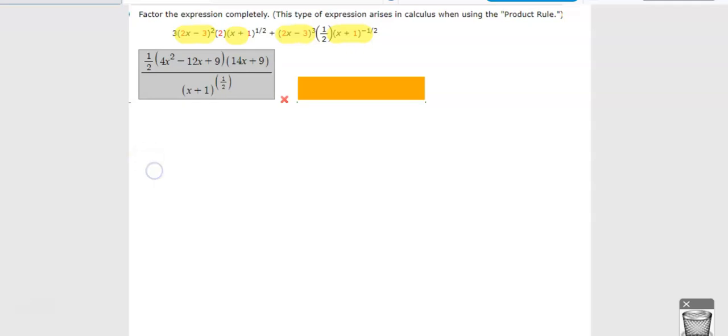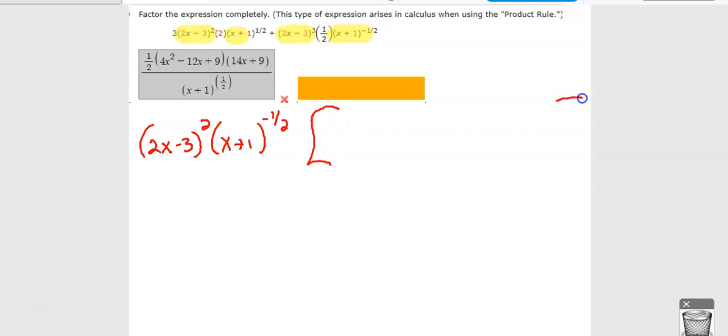Well, if you factor out 2x minus 3, you factor 2 of them out, and you factor out an x plus 1 to the negative 1/2. And you'll see why you factor out a negative 1/2 once we do that.